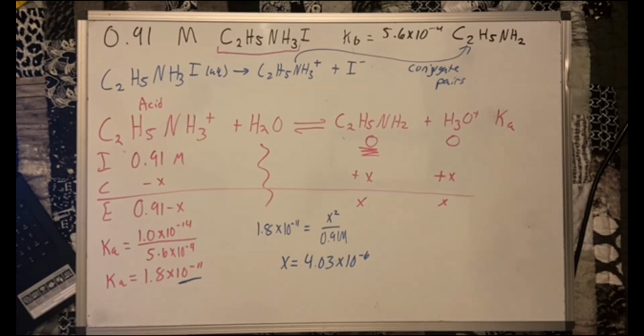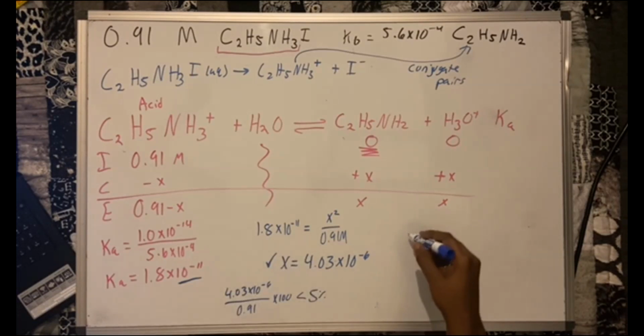We would check it: 4.03 times 10 to the negative 6 over my initial, 0.91, times 100. It's definitely less than 5%, so we're good.